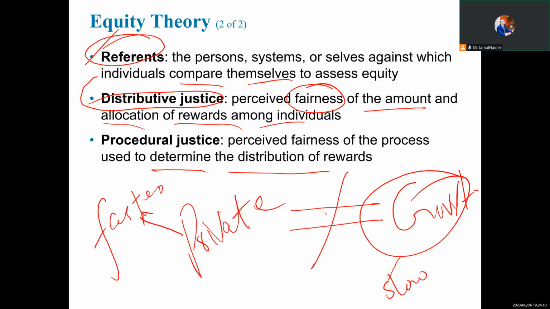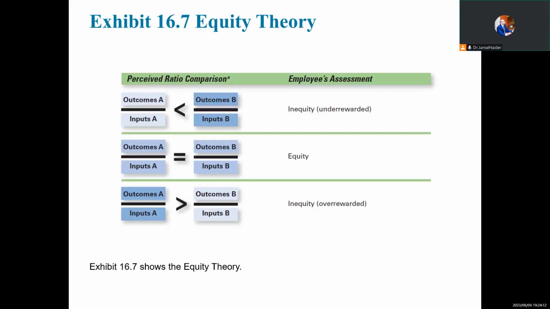Right? So a very nice diagram would be, okay, this is you, and these are your outcomes, you compare that. Okay, if the other's outcome is more and her inputs are also more, it means inequity is there, and inequity means under reward.